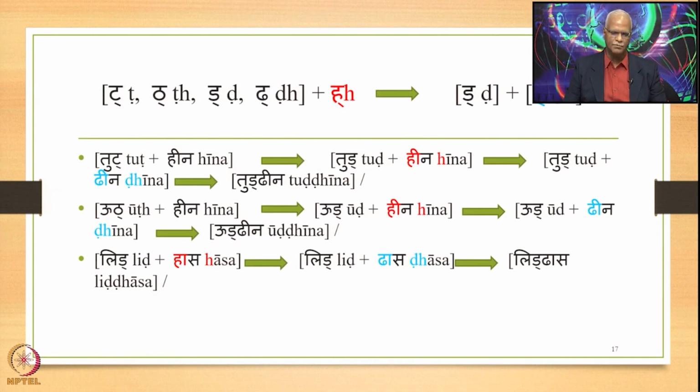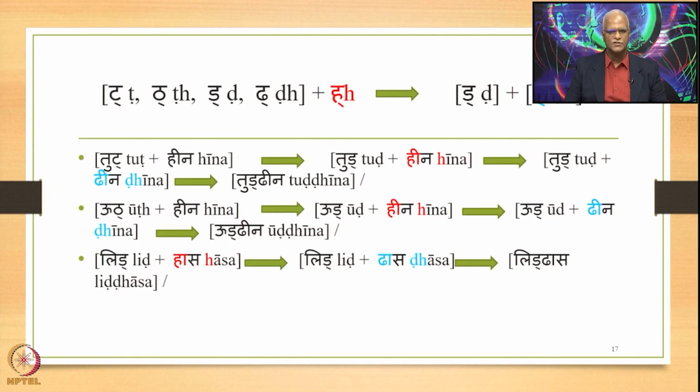Here are the examples. Tut plus Hina. This is the input, where T appears at the end of this first pada, H appears at the beginning of the second pada. This is a compound, so there is Samhita mode which is obligatory, and so Jhayohonyatarasyam will apply, and before that Jhalam Jashonte will also apply.